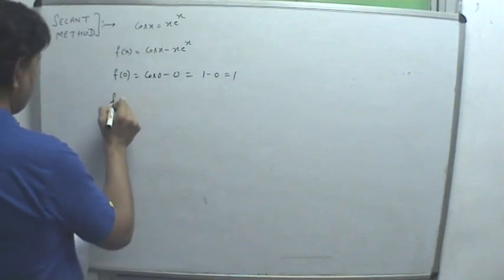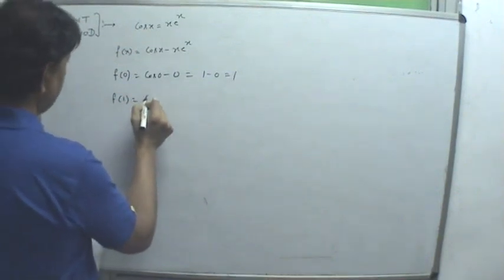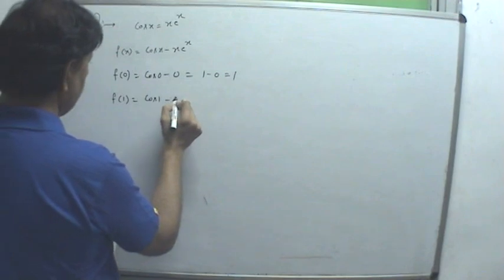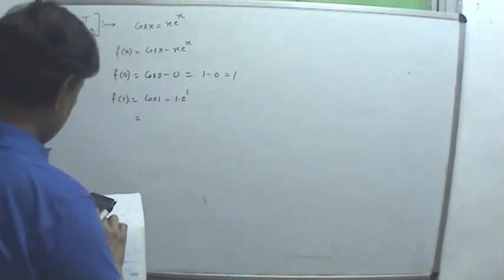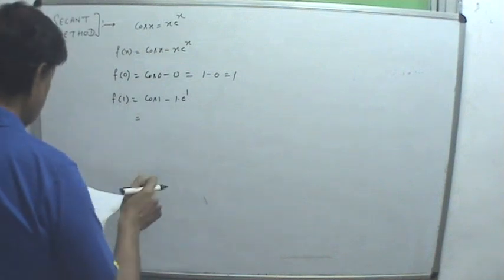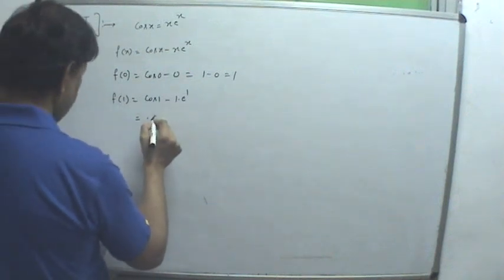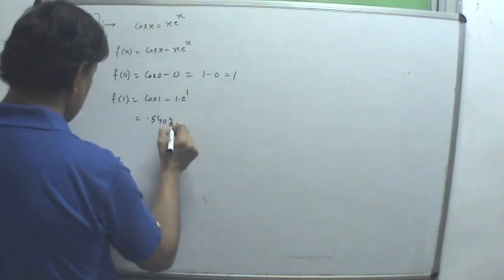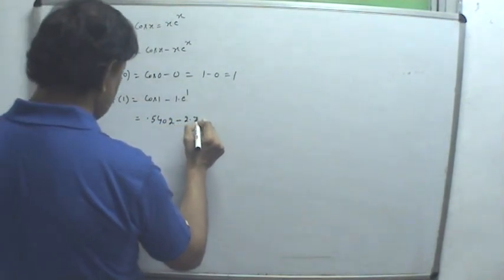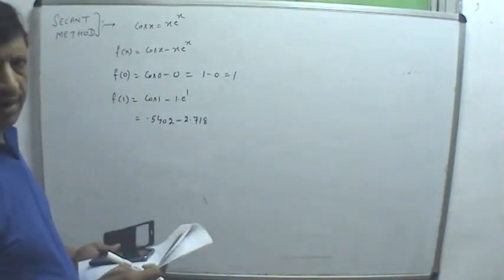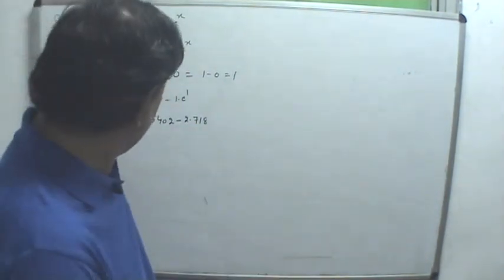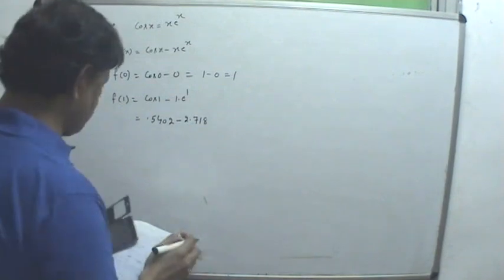Next, f of 1 is equal to cos 1 minus 1 into e raised to the power 1. Cos 1 is equal to 0.5402 minus 2.718, e raised to the power 1, which we can again find from our calculator or the given system.